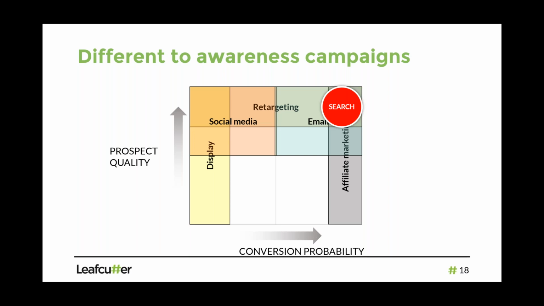So the quality of the traffic is higher, and the probability that traffic will do what you want them to do is higher as well than other channels we might use, such as banner advertising, display, or even social. No one goes to Facebook to look at the ads.